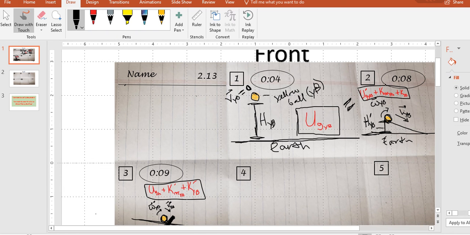But this is actually 2, since mechanical energy is conserved because there's no outside forces, therefore it's an isolated, also known as closed, system. See, your potential energy due to gravity of the yellow ball when it starts off is equal to the next potential energy due to gravity of the yellow ball, plus the rotational kinetic energy of the yellow ball, plus the regular kinetic energy of the yellow ball.